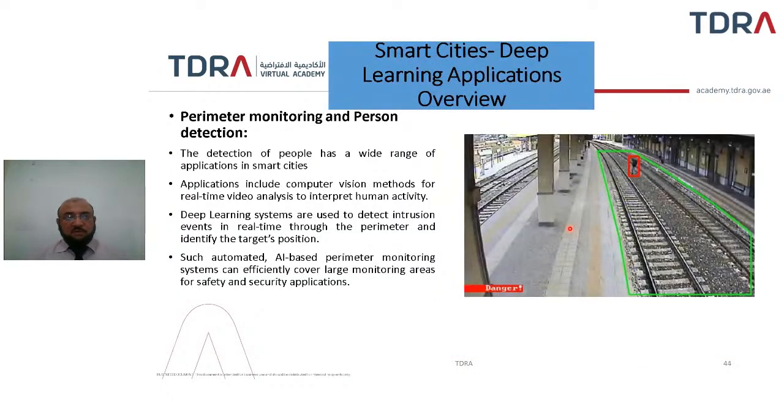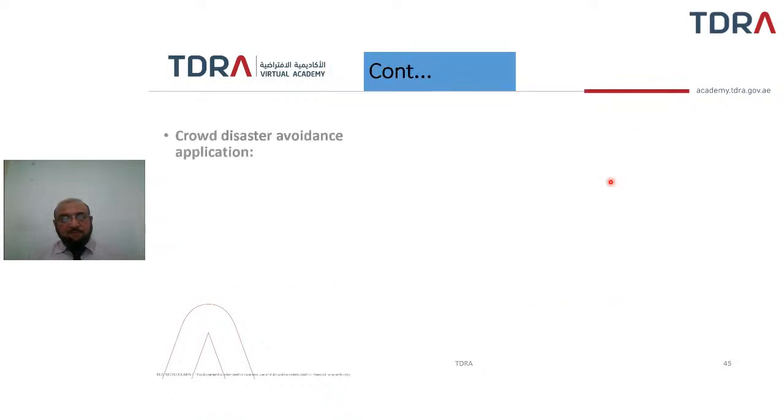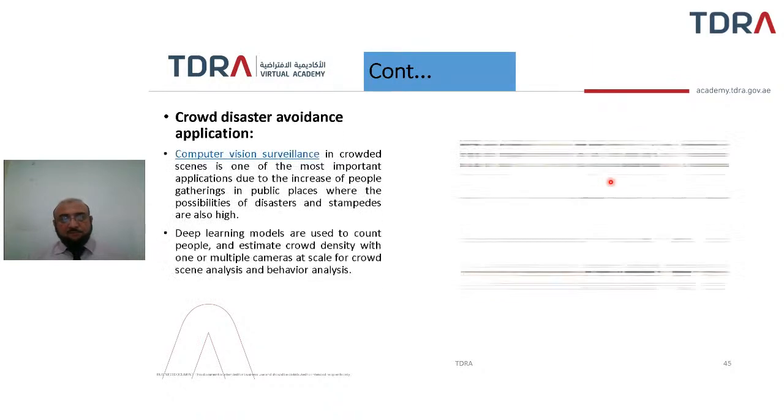So these are the applications. First of all, perimeter monitoring and person detection. Here, using a camera, we can monitor a person or any intruder. Then we have crowd disaster awareness.